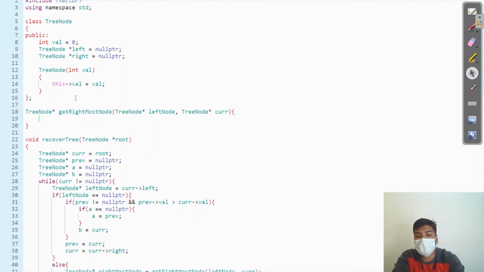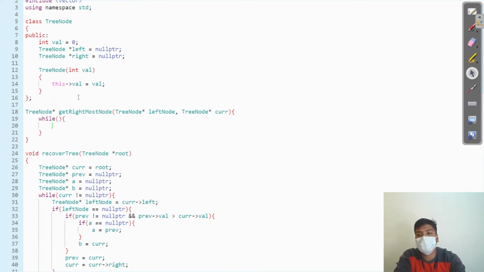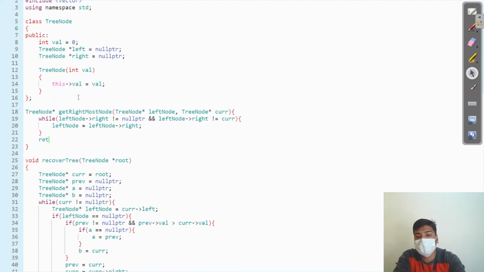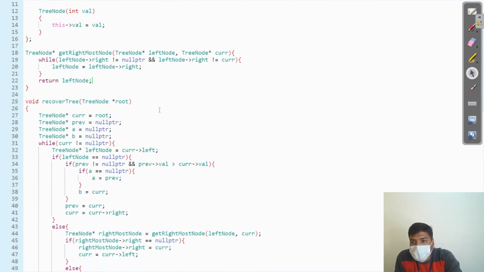So I'll simply write while my left node is not equal to null and left node is not equal to current, at that point move left node equals right of left node, and then simply return left node. Okay, so this is almost done.